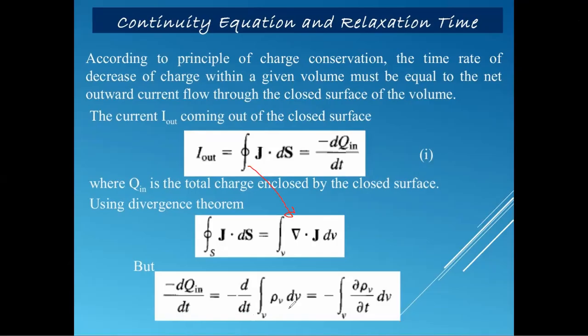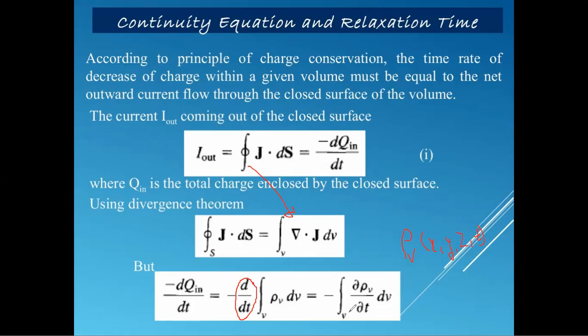Here it is the total differentiation, but now I am writing it as a partial derivative, because rho v may be a function of x, y, z, comma t. Means this is a function of space as well as time. But here we are interested only to differentiate with respect to which quantity? Time. So the partial derivative of rho v with respect to time, dv, over the integral v. Right?